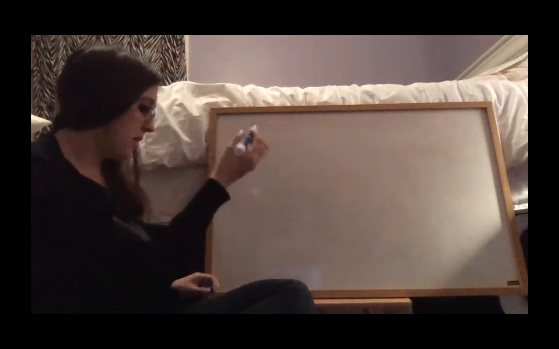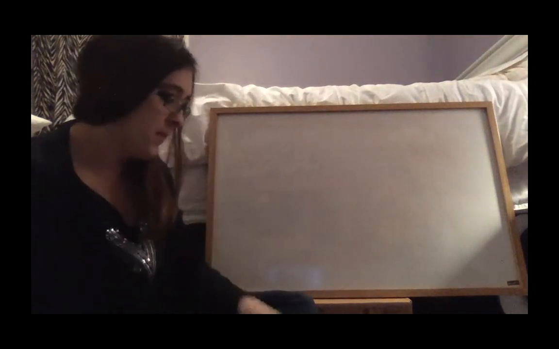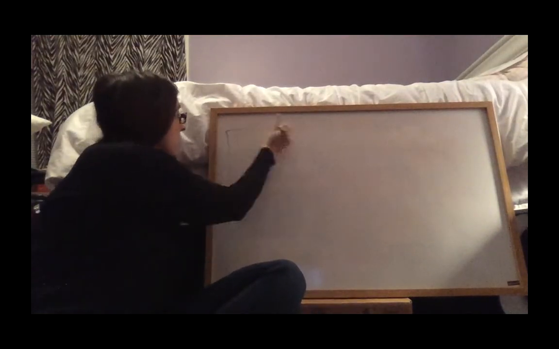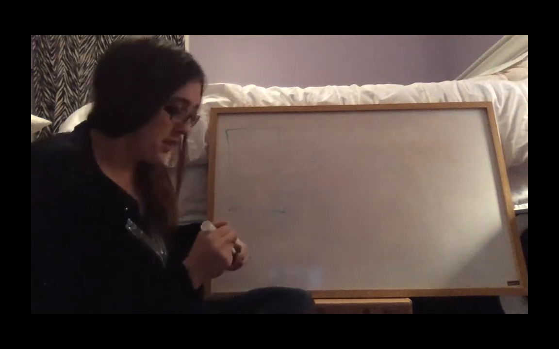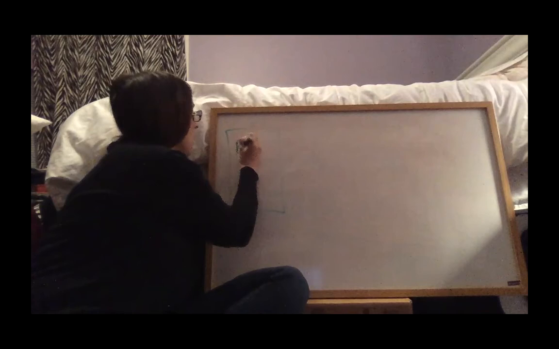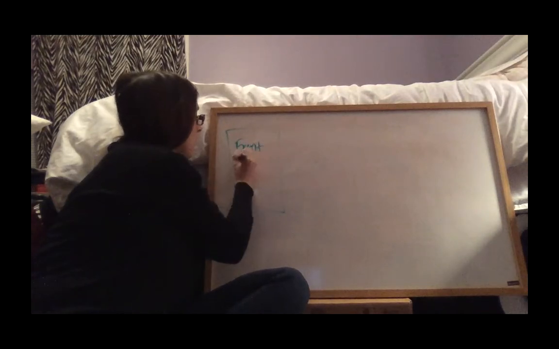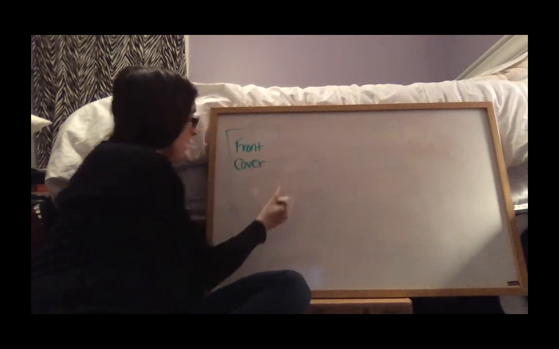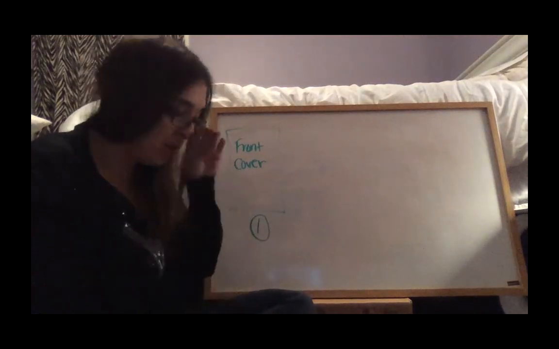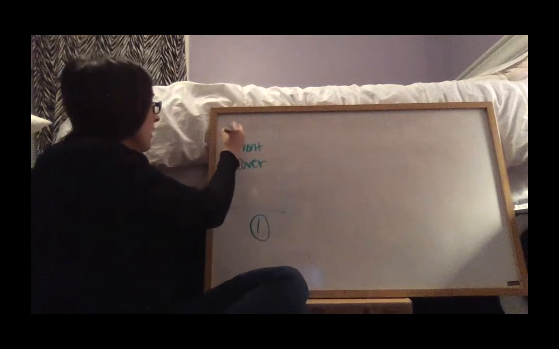So you're going to put your front cover first. I'm going to draw in green. Remember, front cover green tells us to go. Start reading our book. So you're going to do your front cover green. Front cover of your book. That's going to be the first one. Okay, when you start putting them in order.